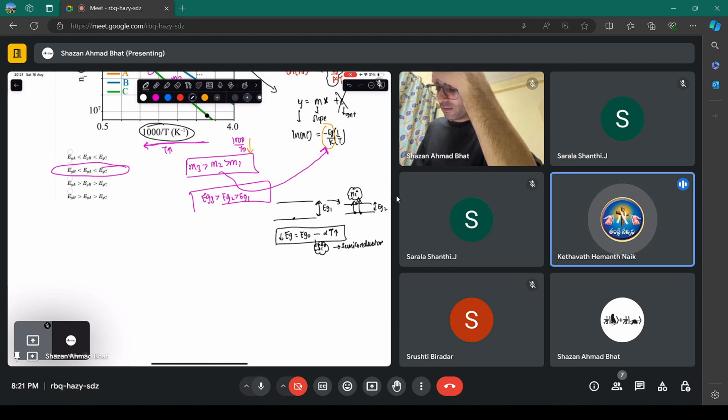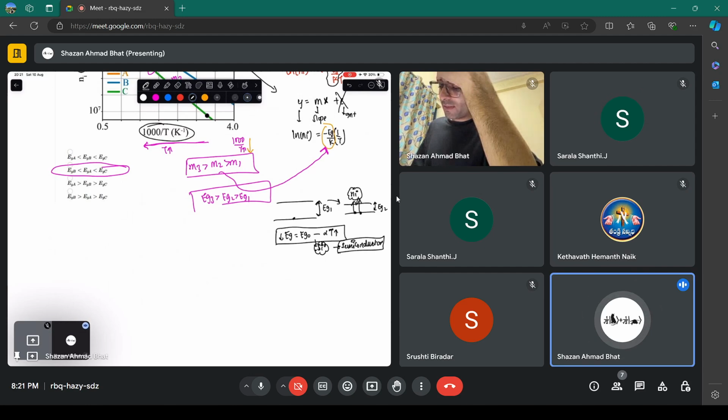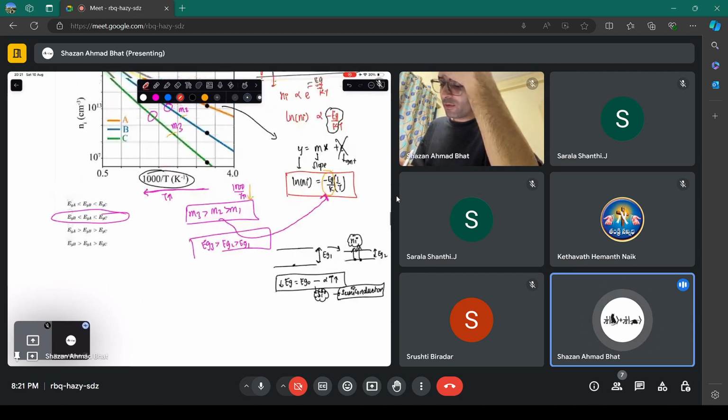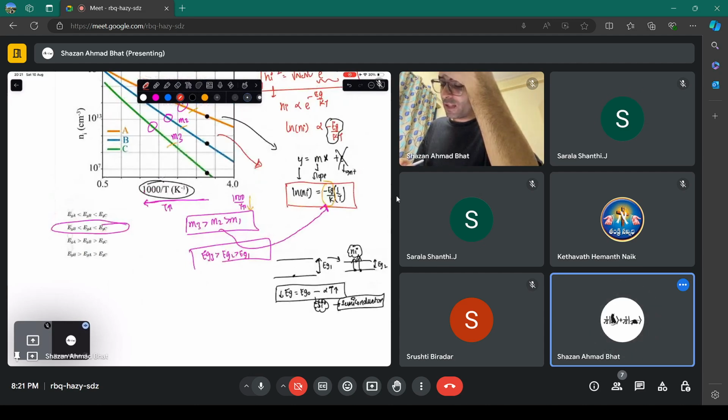Sir, someone will argue that the temperature change cannot affect the band gap except the Fermi level position. That explanation can also be given, or even the simplest explanation is in terms of this equation. If you just see the slopes of these, the slope is changing.